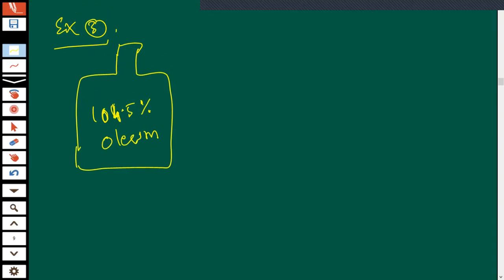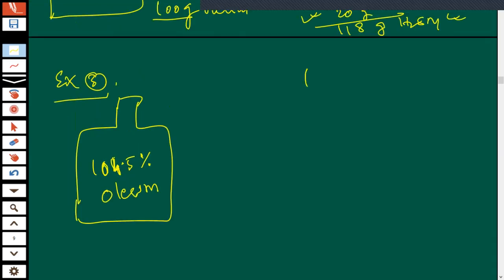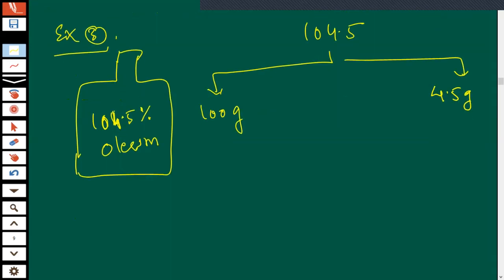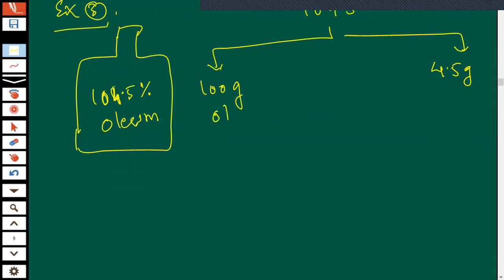Come on, tell me, what will you do first? We will divide into two parts. One will be 100 gram oleum and the other 4.5 gram water. But in this 100 gram of oleum, we don't know how much H2SO4 is there and how much SO3 is there, right?